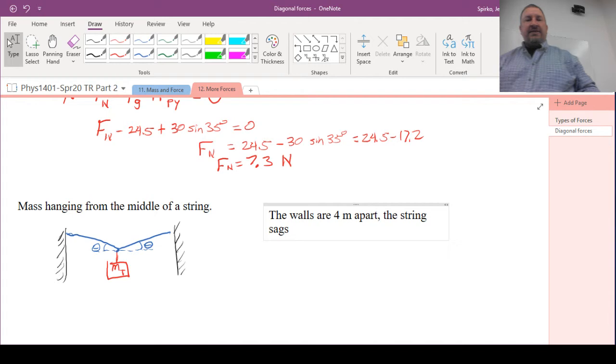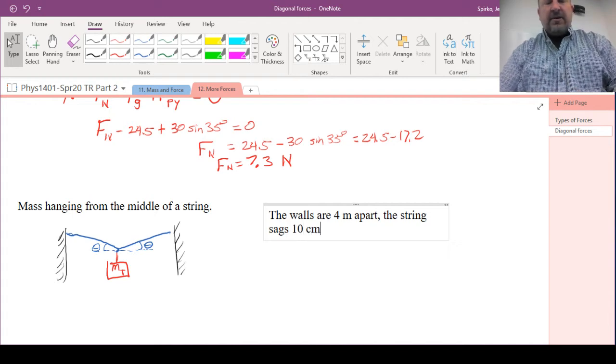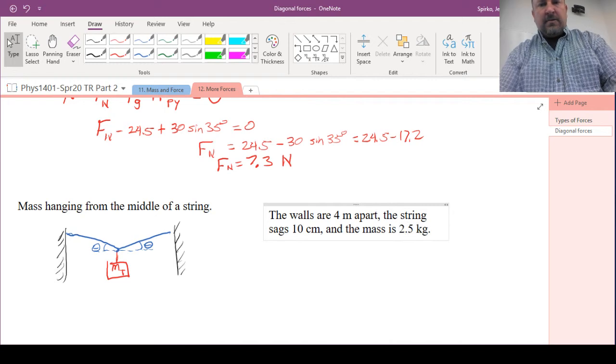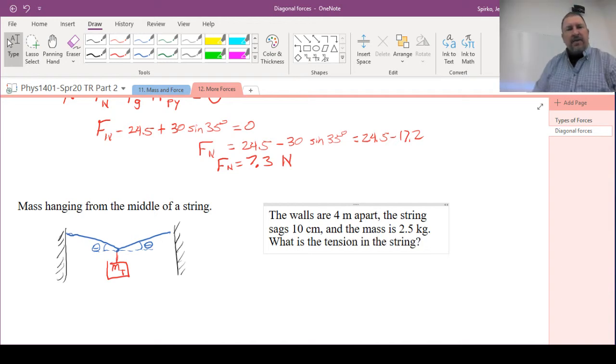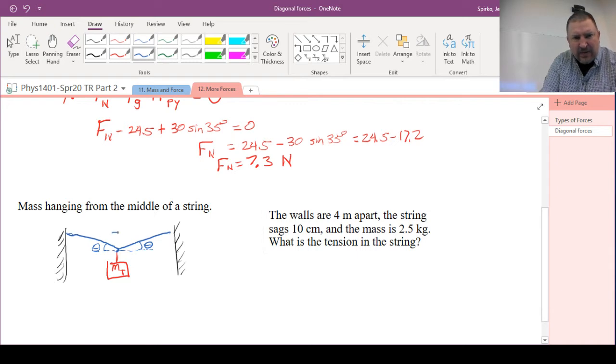The string sags 10 centimeters, and the mass is 2.5 kilograms. That's 10 centimeters from the height of where it's attached.